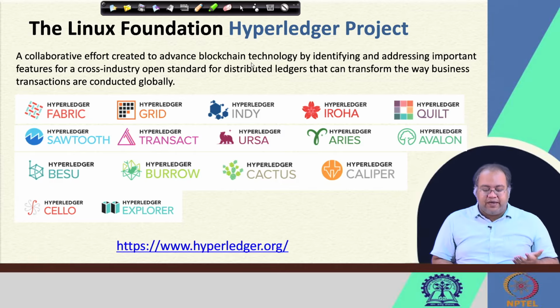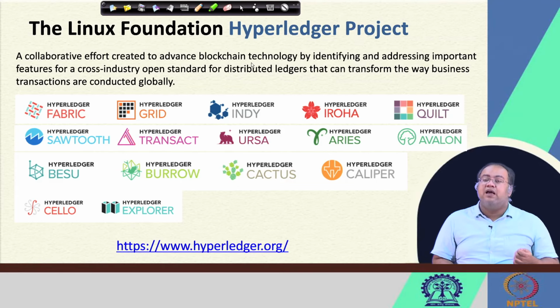We have Hyperledger Fabric, Hyperledger Grid, Hyperledger Indy, Hyperledger Aries, Hyperledger Sawtooth, Hyperledger Besu, Hyperledger Burrow, and so on. Different projects provide different levels of decentralization in terms of permission model or private-public model, and at the same time they are suitable for different kinds of applications.